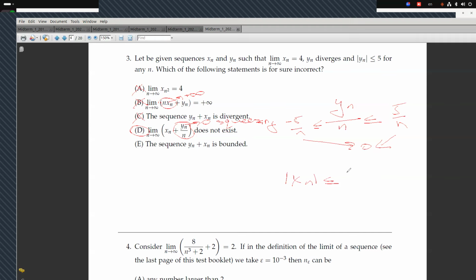2023 multiple choice number 7. Find the function that is not odd. Is this odd?